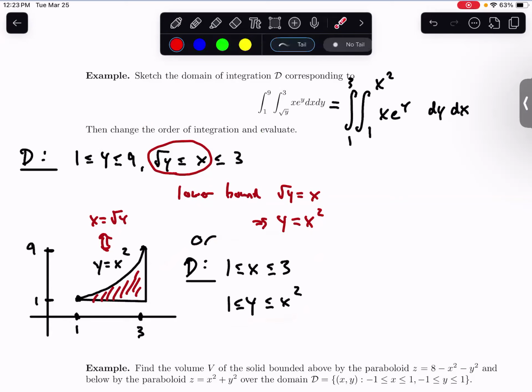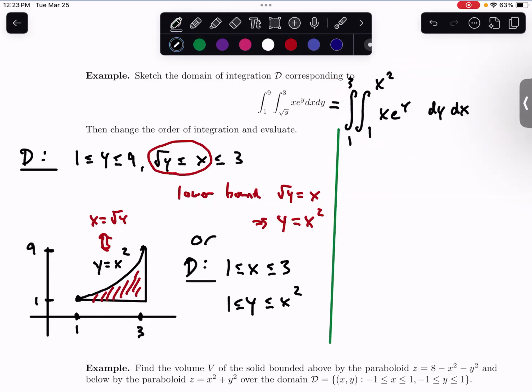These two integrals are the exact same. We just flipped the order of the integral, which meant we had to change the bounds for both of them. And now the easy part is actually computing this integral, or for the most part. You might have to use substitution for this, but it's not so bad.